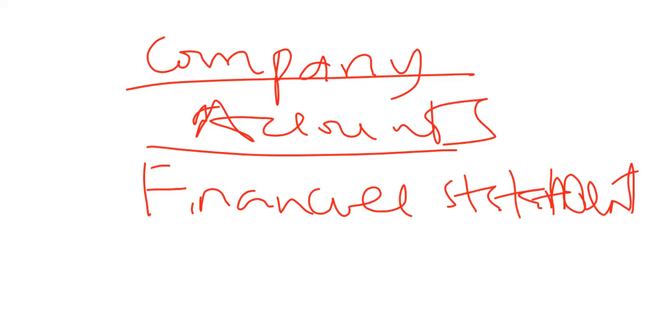The next thing is current assets. You have stock, which is the closing stock in the question. You can see the stock is written as at 31st December 1989.